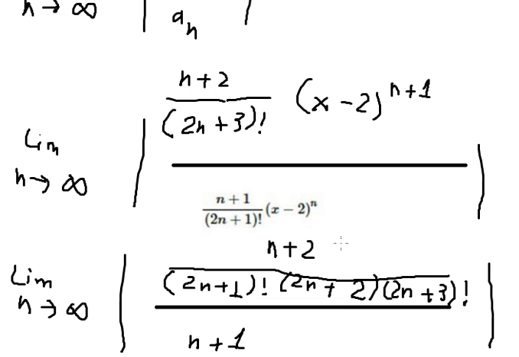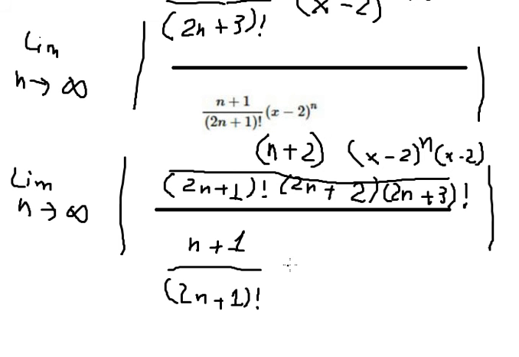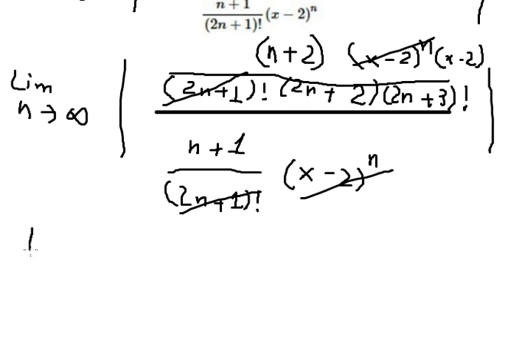This one we can put into (s minus 2) to the power of n with (s minus 2). This one we have (s minus 2) to the power of n. Now we need to simplify this one with this one with this one, and now we just have this one left.